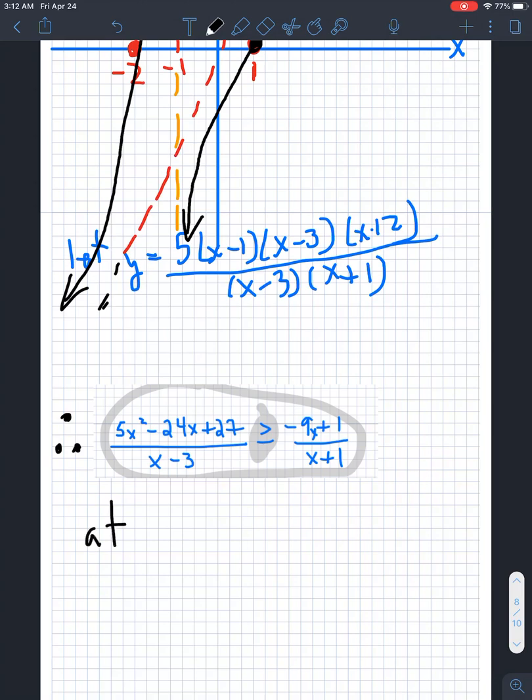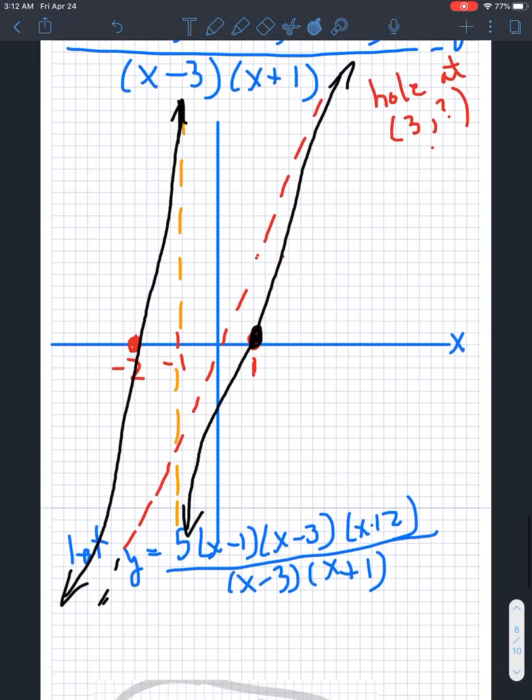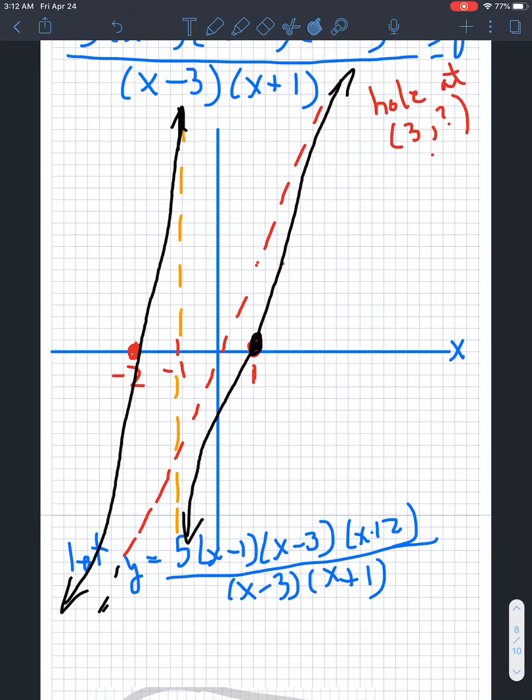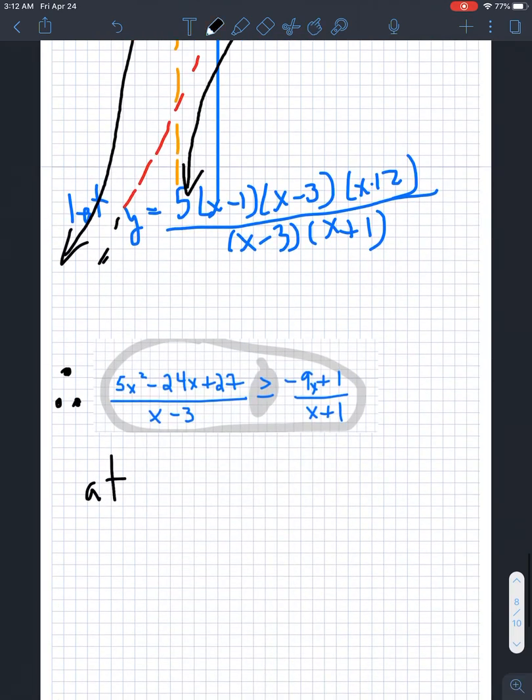Okay, so when is it greater or equal to 0? So whenever it's above the x-axis or on the x-axis. So that looks like it's here, from negative 2 all the way up to negative 1. That'll be one of the intervals. And negative 2 does count, because it's allowed to be equal. Negative 1 does not count, because it never equals negative 1.